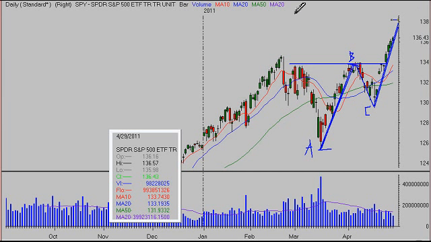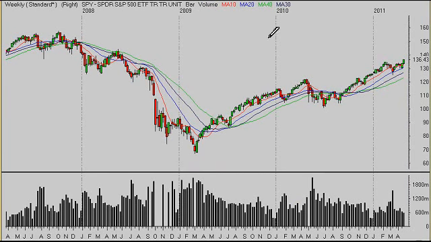So we have two ways of looking for a bullish objective. One would give us basically 138, the other would give us 143. Personally, I think you're better off looking at the more conservative upward target and not getting so focused on this bigger level up at 143, which is definitely obtainable, I think, at some point here.